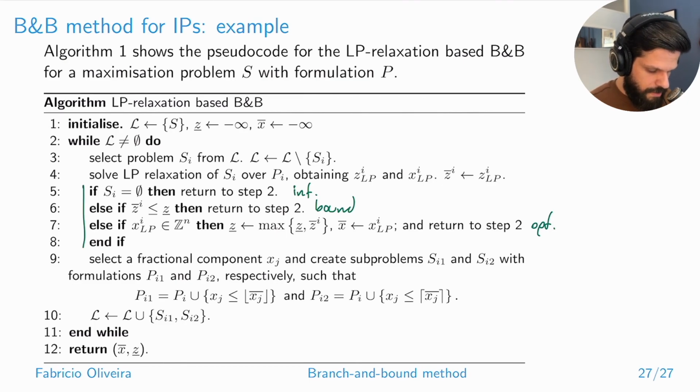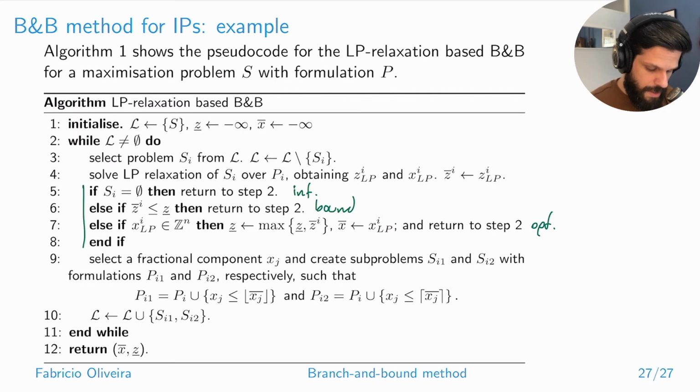And notice that if I do prune by optimality, meaning that the solution I found is integer, then I immediately update my global primal bound. I say that it is the largest between what I found so far and this local upper bound that was just found and happens to be integer.